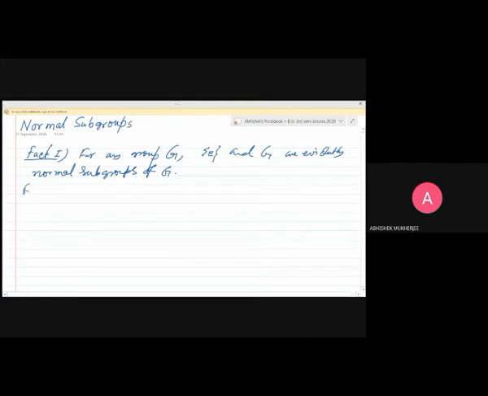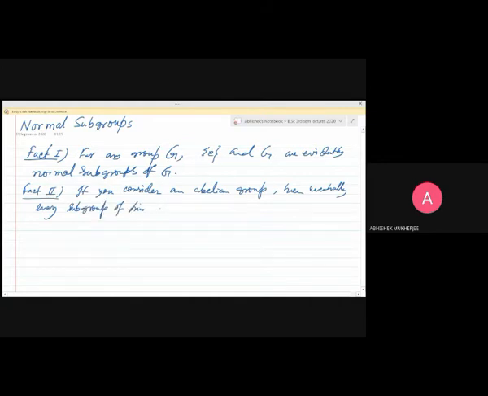Fact 2 is that if you consider an abelian group, then eventually every subgroup of this group will be normal, right?